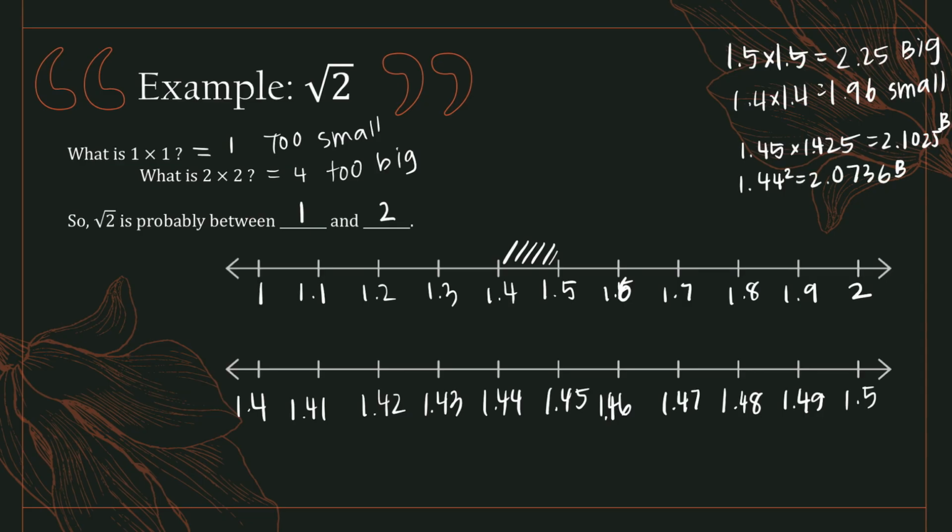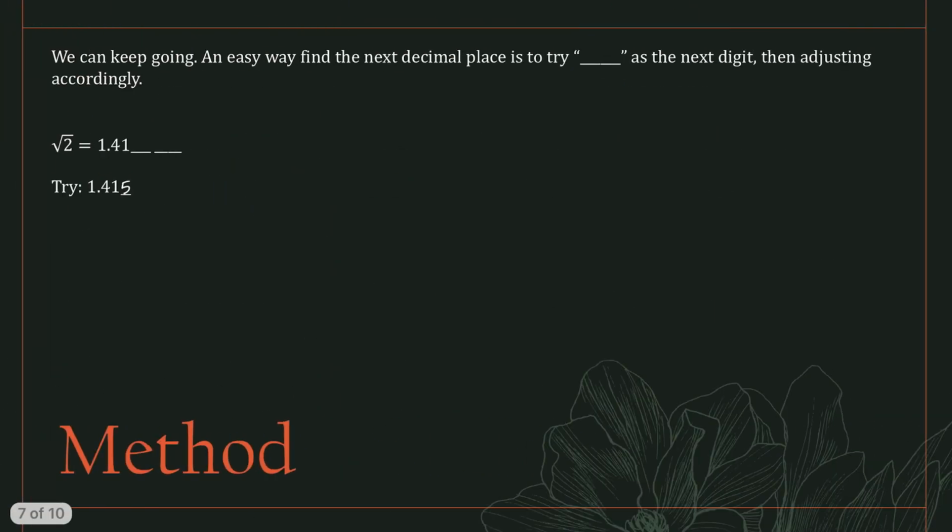That's also still too big, so let's go down again. 1.43 squared is 2.0449, still too big. 1.42 times 1.42 is also too big, so now we'll try 1.41 times 1.41, and that is less. So 1.41 squared is 1.9881. So now I know the next one has to be in between here, and I can just keep doing that.